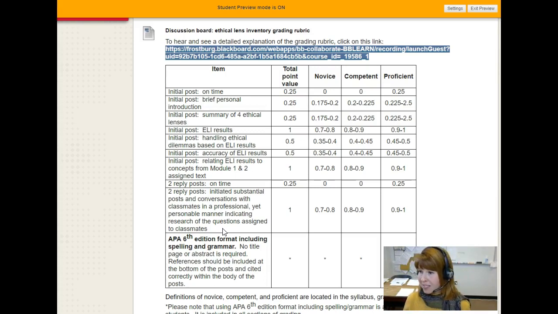And adding personal experiences is absolutely appropriate for a lot of these situations, but you're going to want to start to step out into your role as a professional nurse, and you're going to want to show that you have taken this to the next step, that you found an article that corroborates something that you're saying, or maybe you don't agree with your peer and you want to play devil's advocate in a professional way. Wonderful. That's a great way to reply to a peer's post.